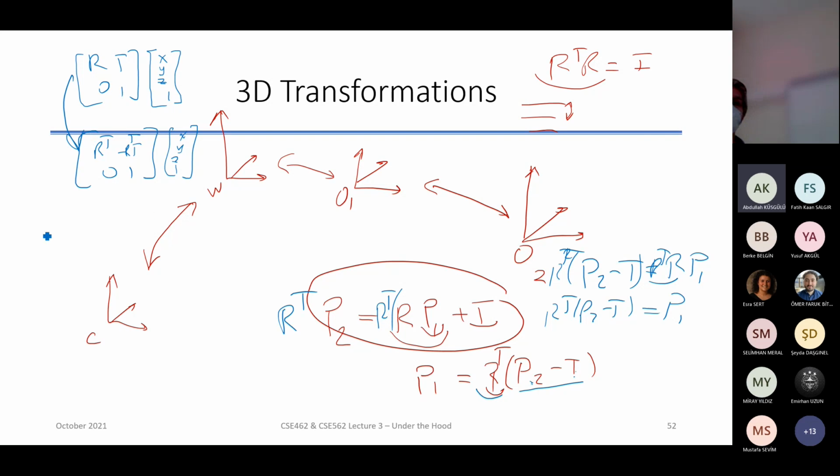Now, in homogeneous coordinates, let's call this the big transformation, you can invert it using matrix inversion. So P1 will be just tau inverse times P2, and tau inverse is very simple. This part is going to be just R transpose, and this part is going to be minus R transpose T.